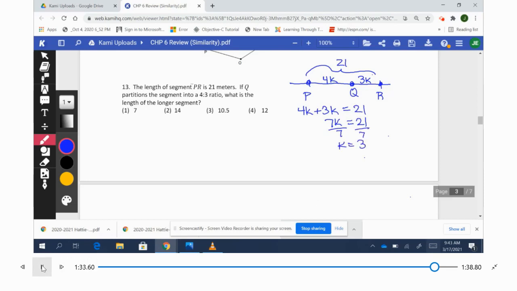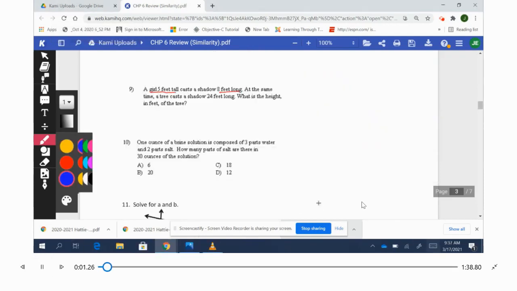And I'll do the math to find just K, my scale factor. Then I can substitute that back in to get the parts are 12 and 9, and I wanted the longer one. So there it is. That's it for this, page 3.